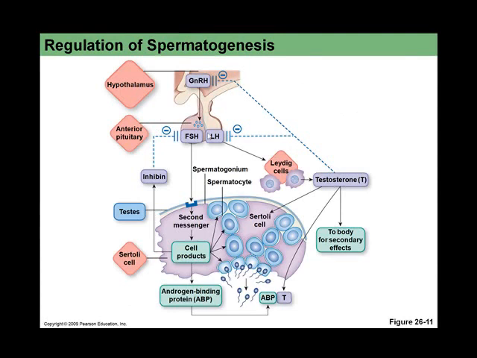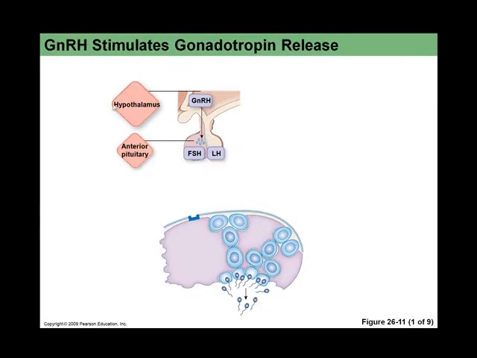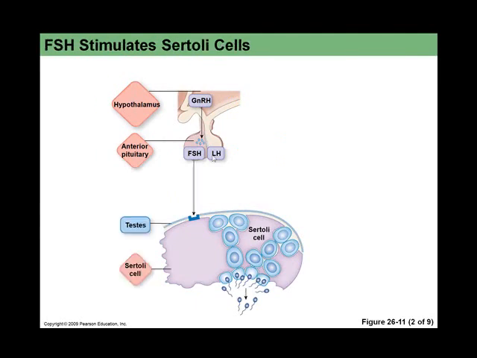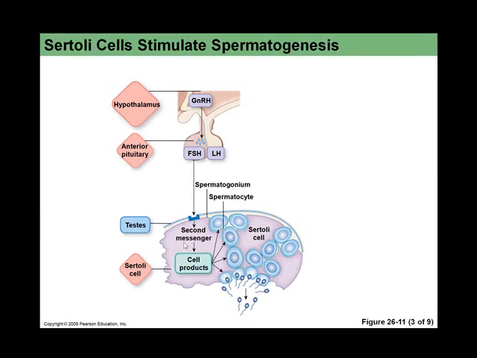Well, let's look at it in this schema then. The hypothalamus and the anterior pituitary, glands 1 and 2, hormones 1 and 2, the GnRH and the FSH and LH, the gonadotropins. Looking at each separately, the FSH at the testis will be binding to receptors on the Sertoli, or the sustentacular cells.